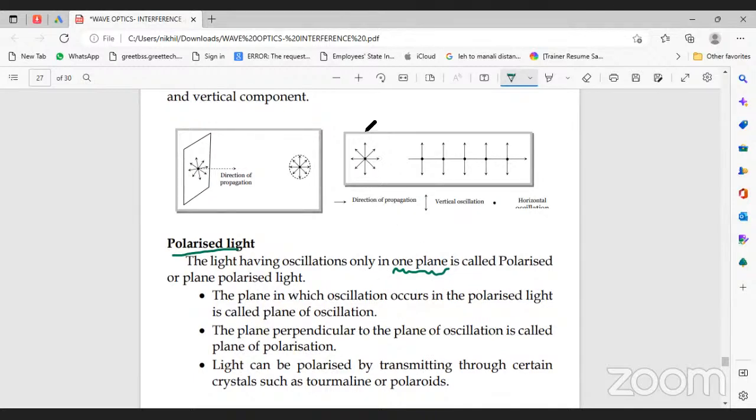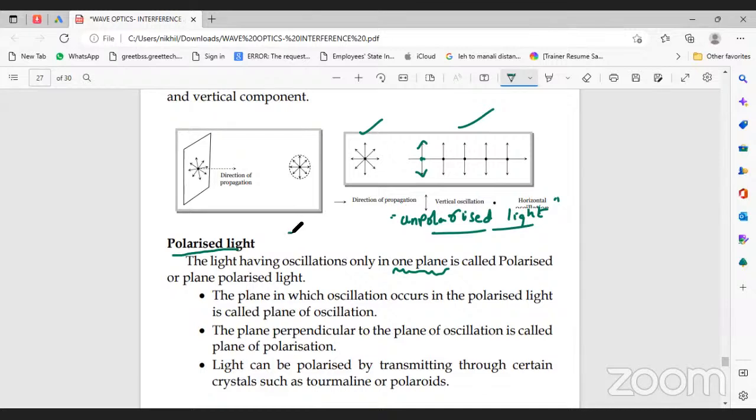These are the symbols for unpolarized light. You show both the dot as well as the arrow mark. If you represent both the dot and the arrow mark, what type of light does that represent? Unpolarized light, where the light particles vibrate in all the directions.